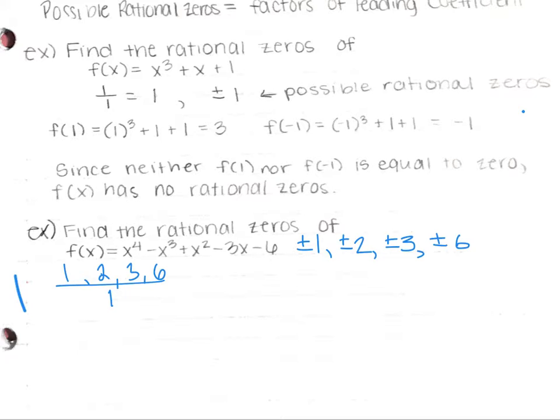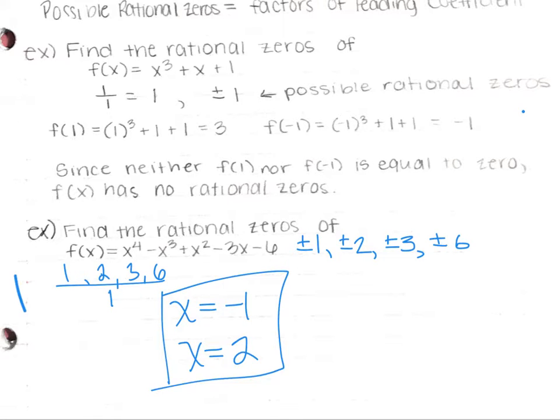And you could test all of these rational zeros. We're not going to do that at this point. What I am going to do is just tell you that in this case, if you do test them, you get rational zeros at x equals negative 1 and at x equals 2. And you can go ahead and substitute those values in for x and test and verify that you do get zeros.